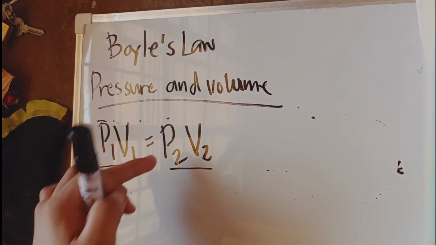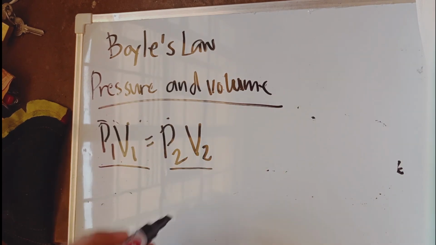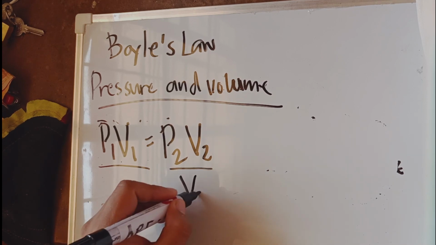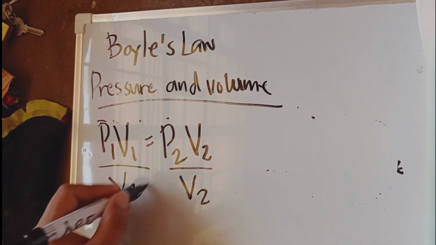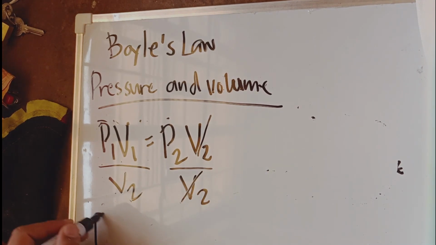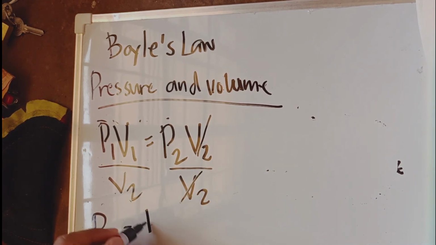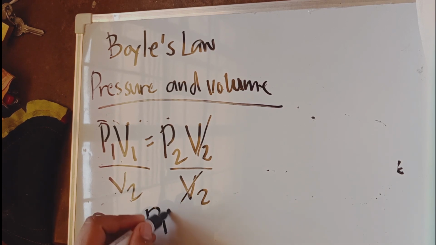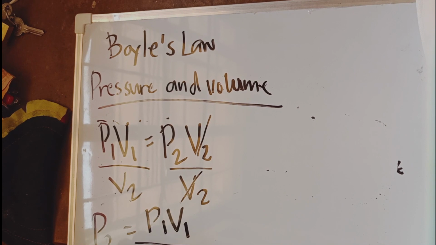If you're looking for pressure 2, you put volume 2 on both sides, then cancel out volume 2, and you have this formula. That's the easiest thing about this. So pressure 2 is equal to pressure 1 times volume 1 divided by volume 2. So we can now solve the problem.